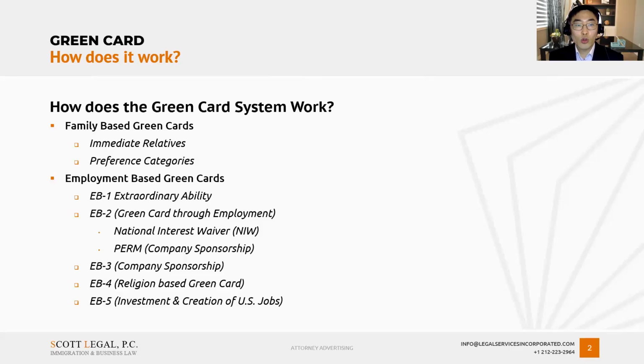EB3 is also a PERM case going through the Department of Labor based on company sponsorship. EB4 is religion-based, and finally EB5 is investor-based. For these employment-based categories, Ian will address more detailed information later in the presentation.